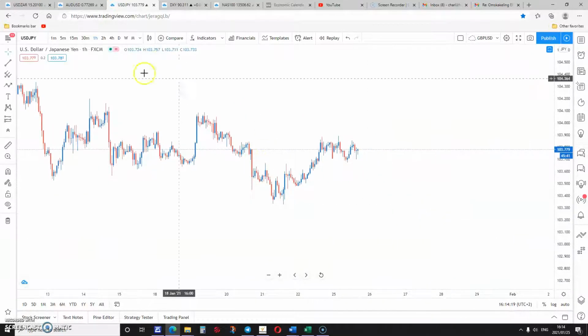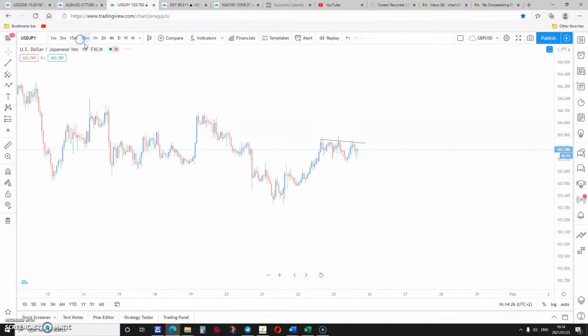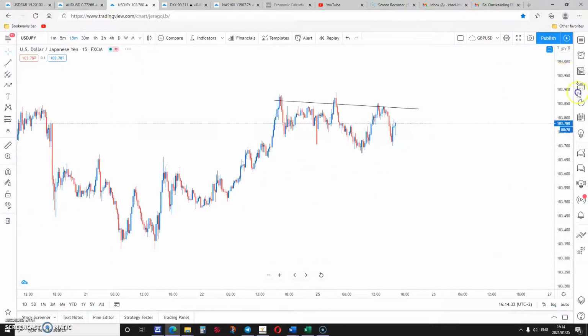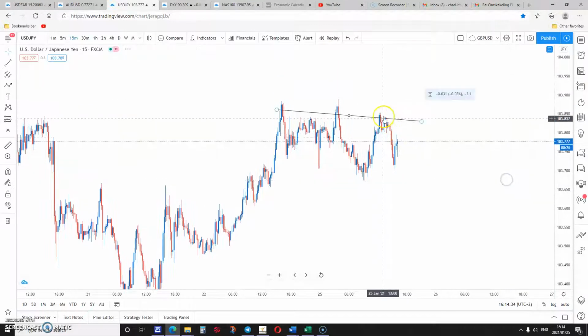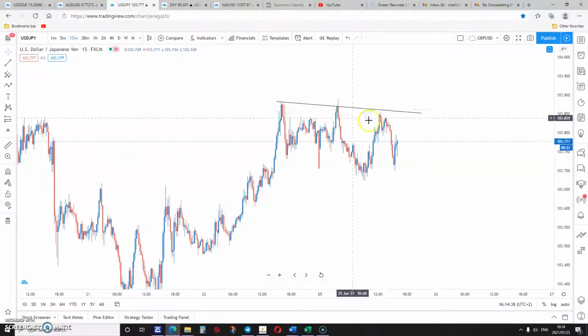Say for instance, if you traded this structure here, you would have done that. You could have done 15-minute, so 1, 2, 3.